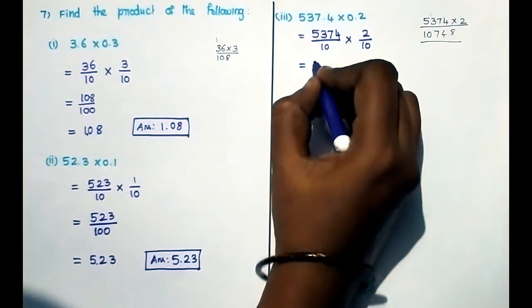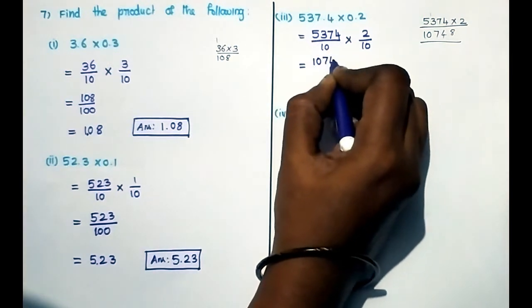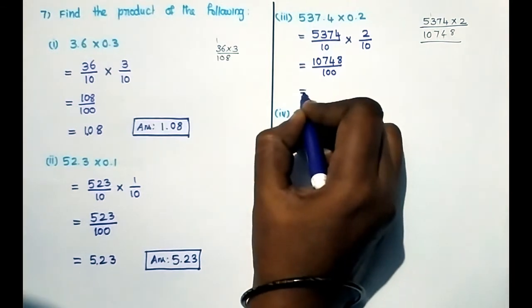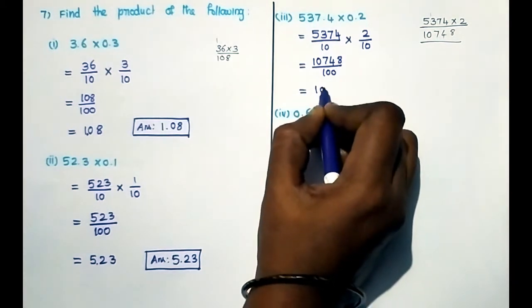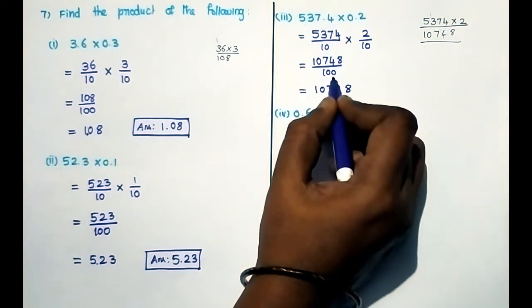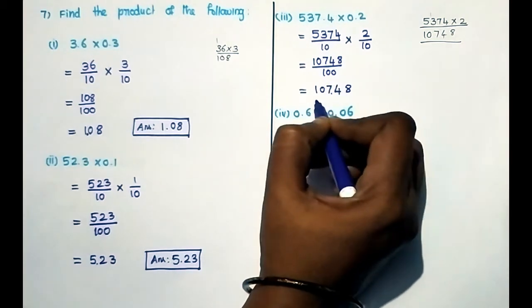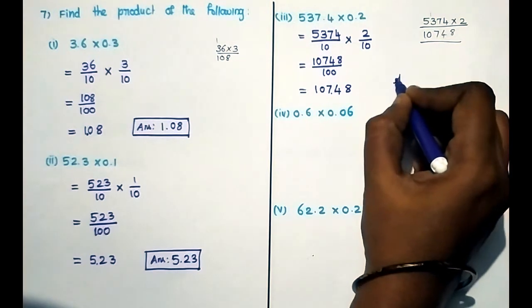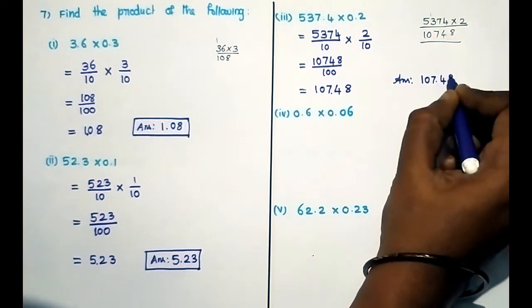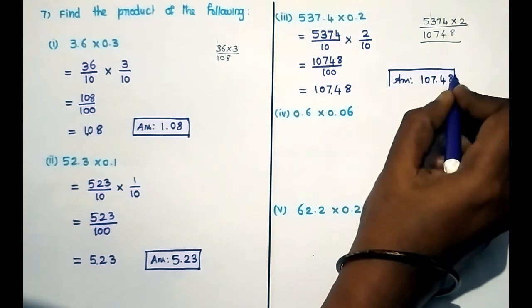So 10,748 divided by 100. Write down the number. Before 2 digits only we have to keep the point. So 107.48. That is the answer.